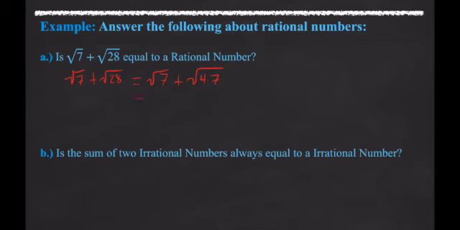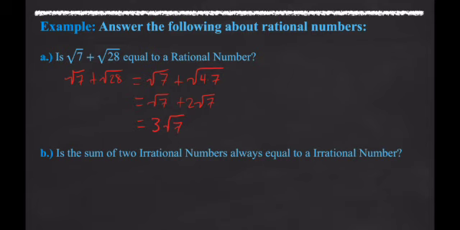So this would end up being square root of 7 plus, okay, square root of 4 is 2, so that goes outside, and 7 stays inside. So 28 is 4 times 7. Square root of 4 gives us 2. The 7 stays inside because there's not another 7. We have one of those plus 2 more, so that's 3 square root of 7. Right?